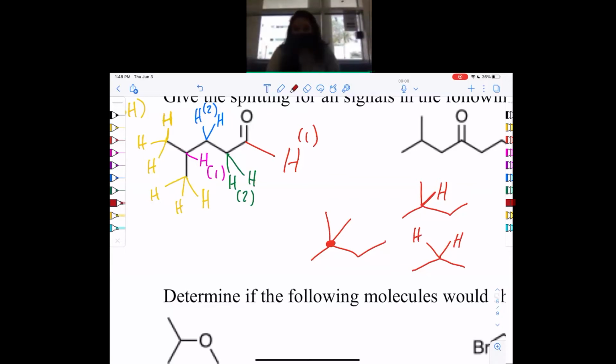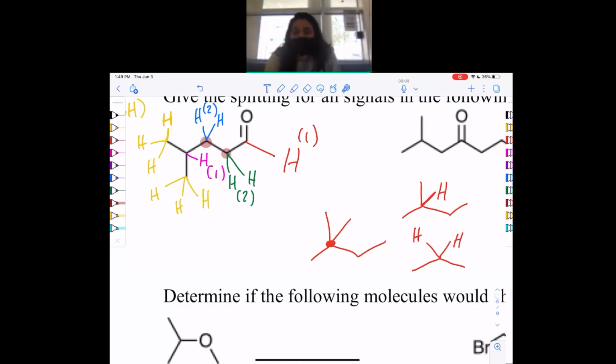Two H's on the carbon and then 2 different groups. Awesome, perfect, well said. So you need 2 different unique groups and then you need 2 hydrogens. So this one is a potential chiral center and this one is a potential chiral center. This one is not, because we have 2 of the same group here. There are 4 groups, but 2 of them are the same, so it's not chiral.